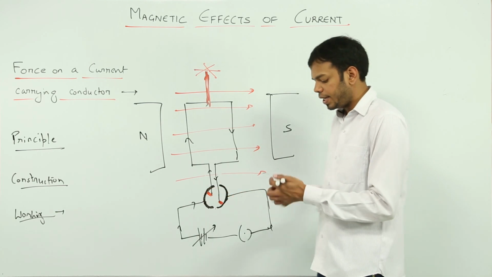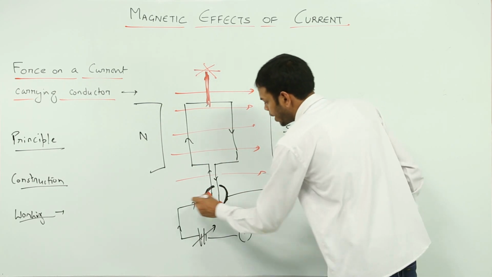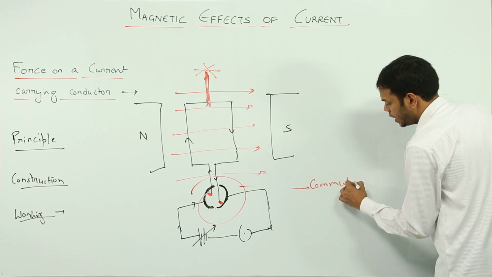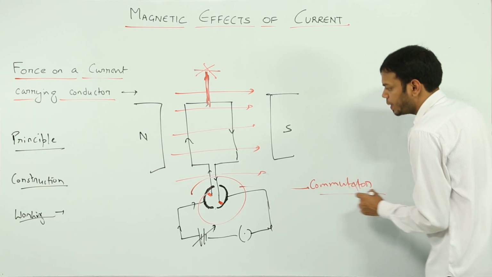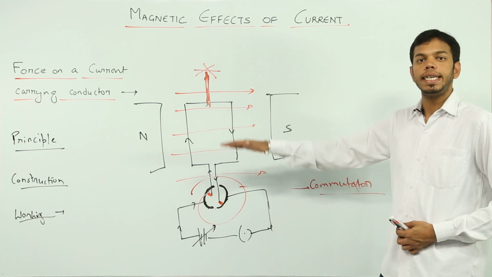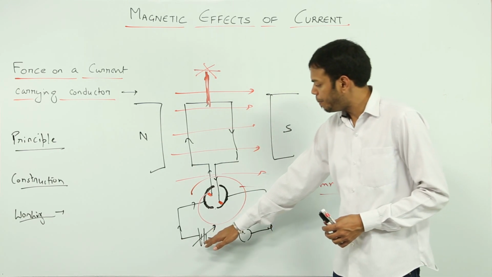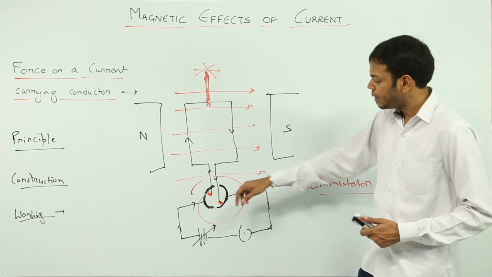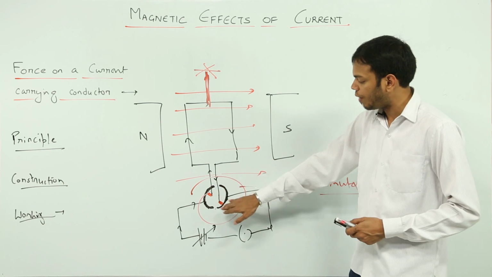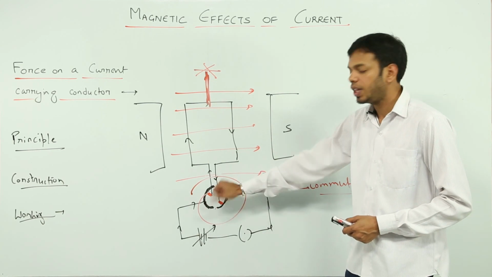Third is the commutator arrangement. This commutator arrangement provides a constant connection from the battery to the loop. How? As soon as this wire finishes off with half of the ring, it goes in contact with the other wire.